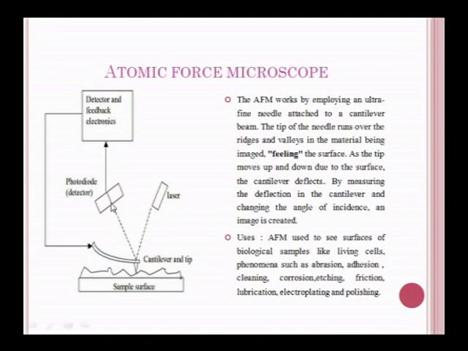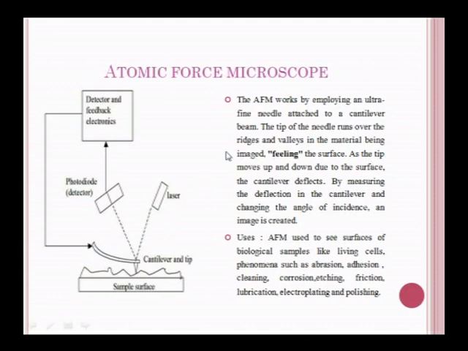Light is allowed to fall on it, and the cantilever is slowly moved over the surface of the sample to be studied. If the surface is rough, the cantilever moves in a zigzag way, and the light falling on it gets reflected. The reflected light is observed.